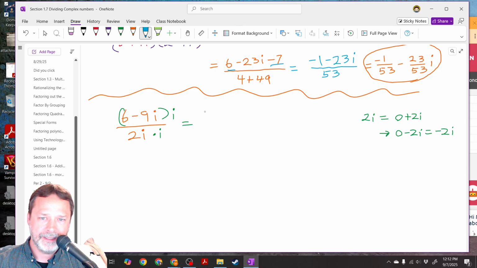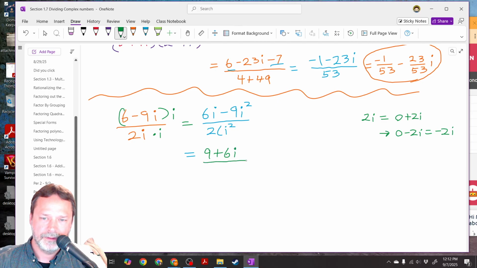Okay, so what do we get here? I get 6i minus 9i squared over 2 times i squared. Minus 9i squared, that's really plus 9. So I got 9 plus 6i, because I'll move that 9 over, and the denominator is 2 times negative 1, negative 2.